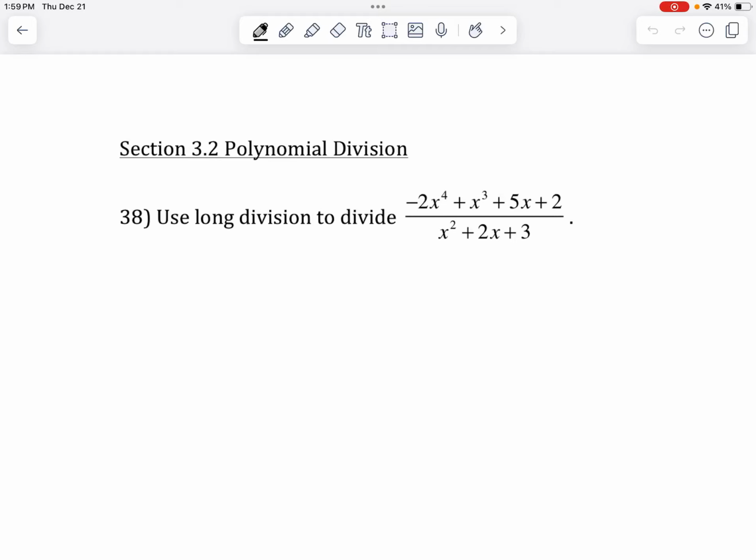Okay, now we get to use long division to divide two polynomials.